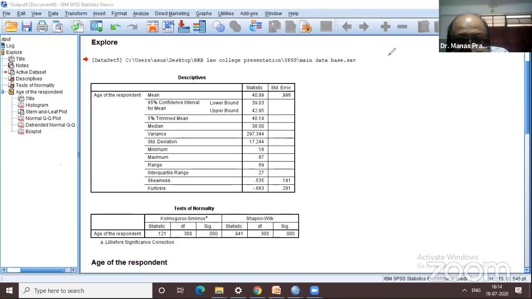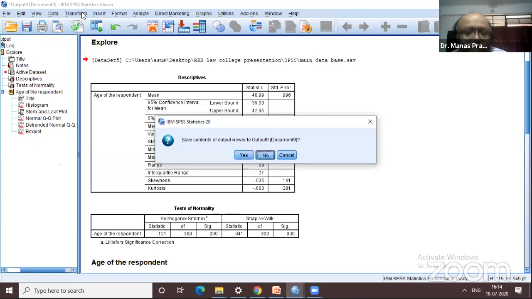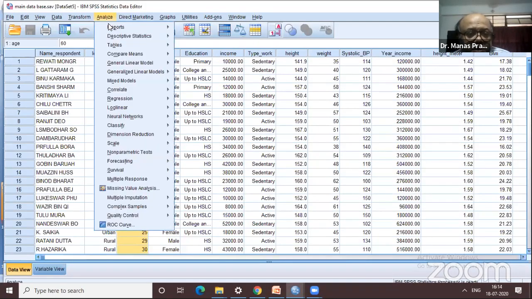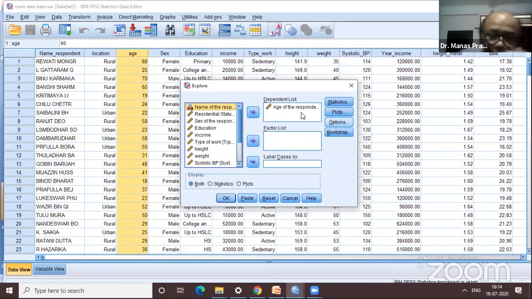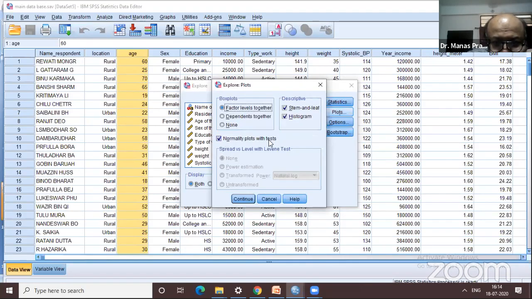Okay. Let us try one more time with another variable. So analyze. Suppose we want to find the Kolmogorov-Smirnov test for the variable income. So go to income, select income, plots. It is already selected, normality plot with test. Continue.